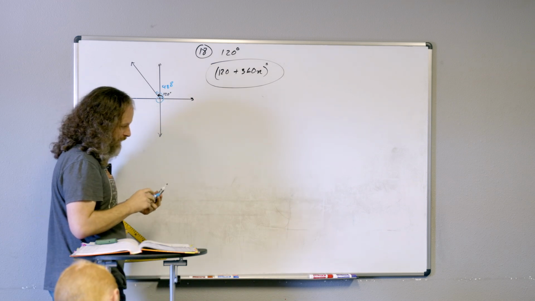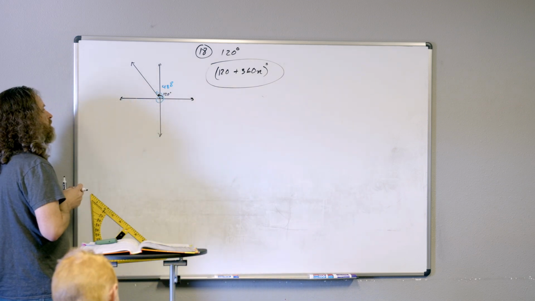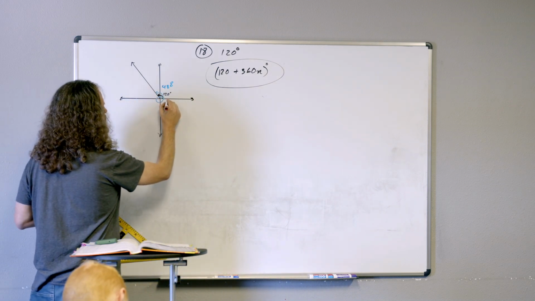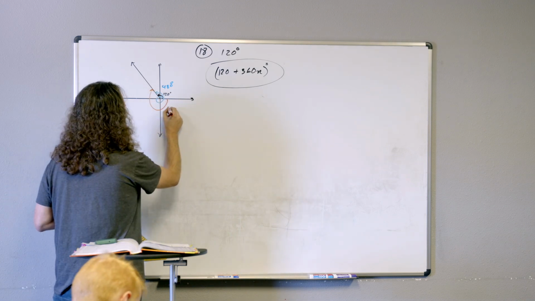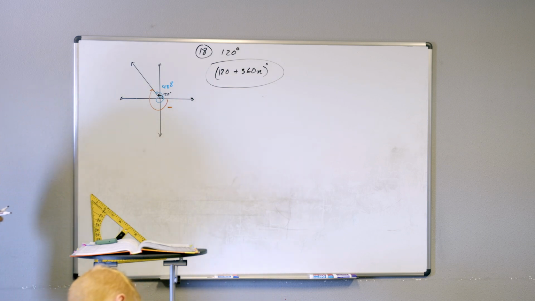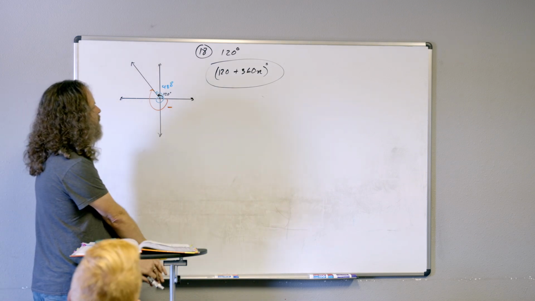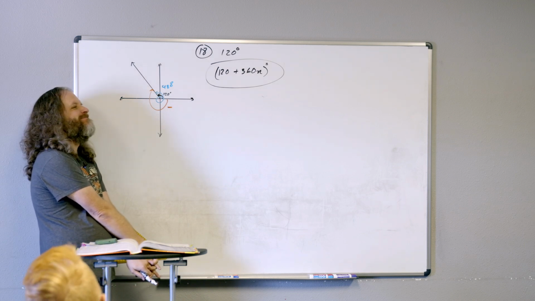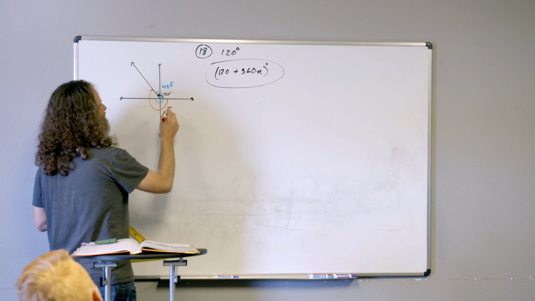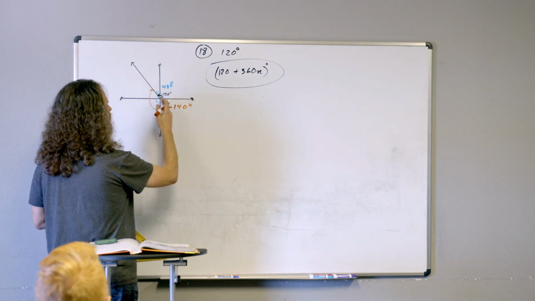And then how would I draw the negative one? Oh my gosh. Going backward. So I would go from here to here. And it would be negative what? Negative 120 would be over here.